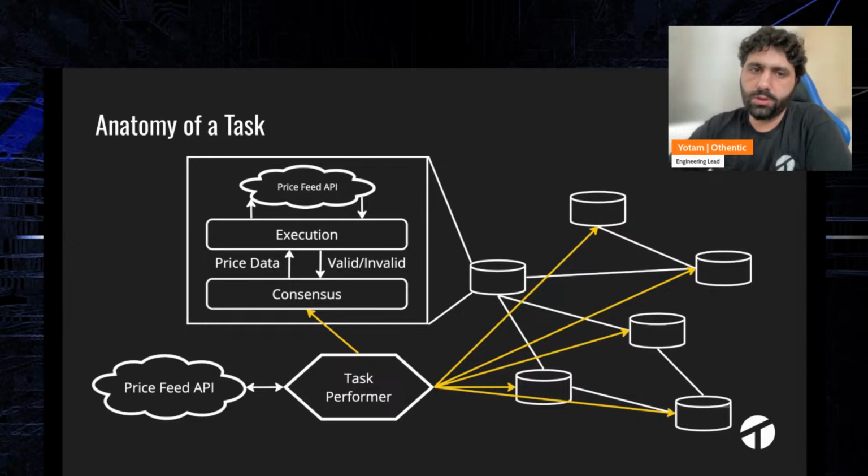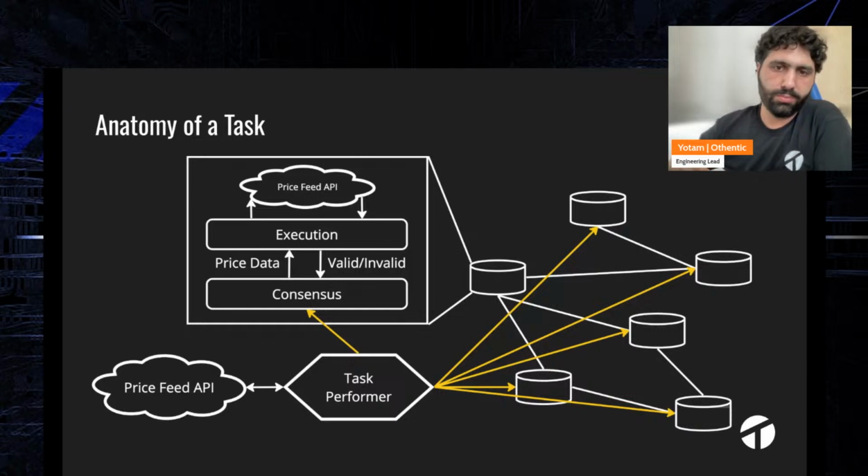Each node in the network looks at its own price feed. Along with the execution client, each node also has the ability to contact its own price feed. They check their price feed and see if the price is similar or equal to the price that the task performer reported.